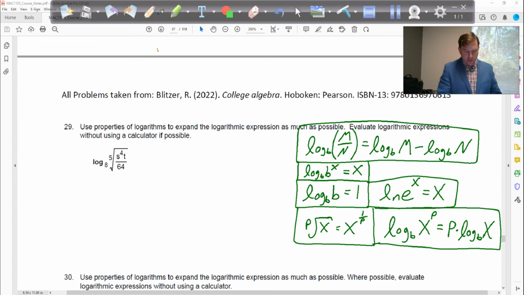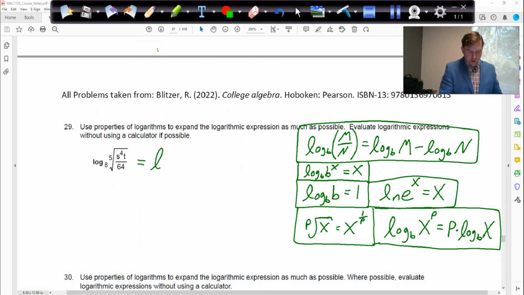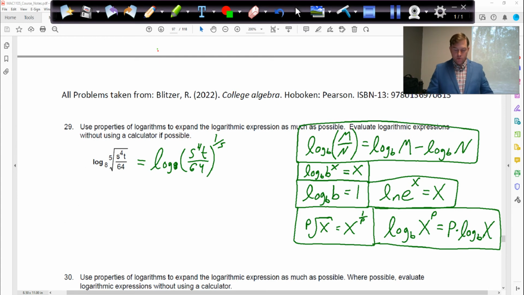So the first thing we're going to do is rewrite this as log base 8 of parentheses s to the 4th times t divided by 64. We're going to write that to the 1/5 power. So we're going to use this square root property that says we can write a root as a fractional power.